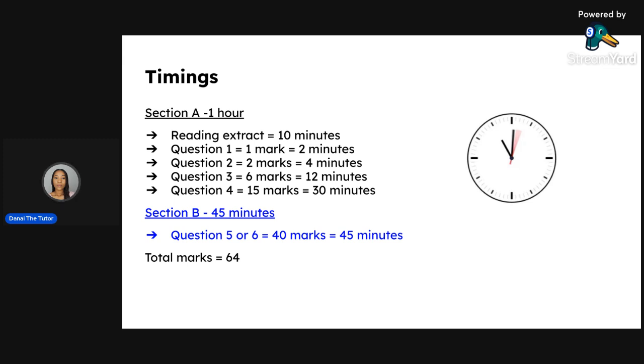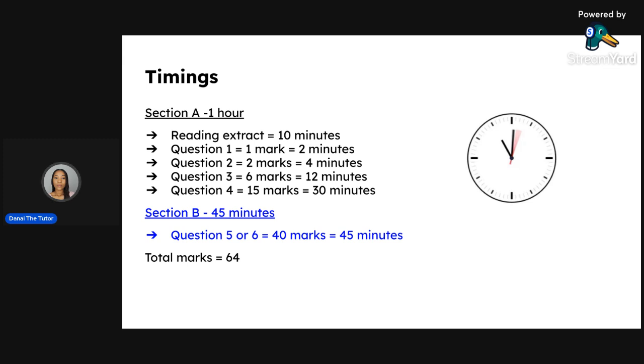So for section A, that's where you are given an extract to read. You should spend the first 10 minutes reading the questions and the extract. And then for question 1, you spend about 2 minutes. Question 2, 4 minutes. Question 3, 12 minutes. Question 4, 30 minutes.